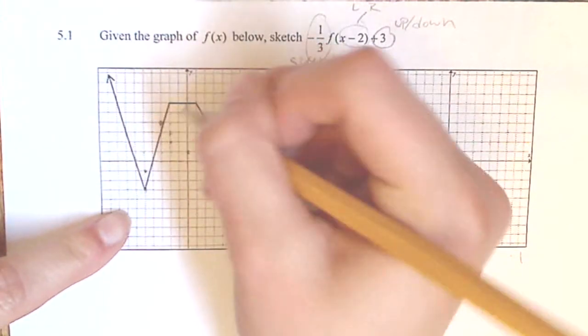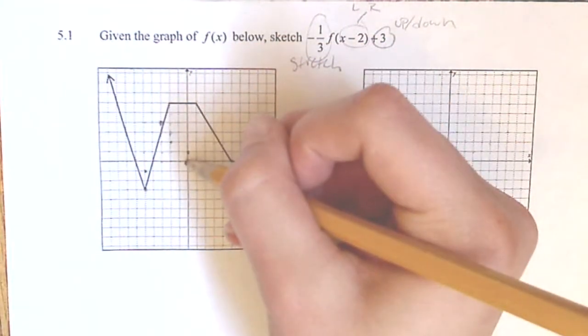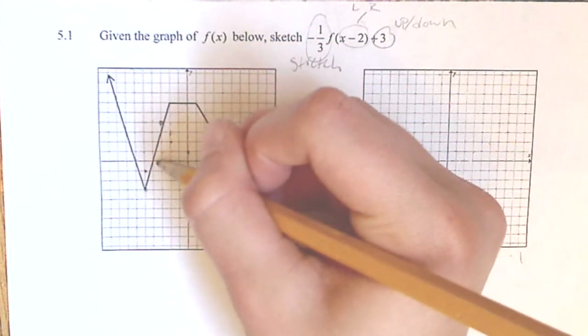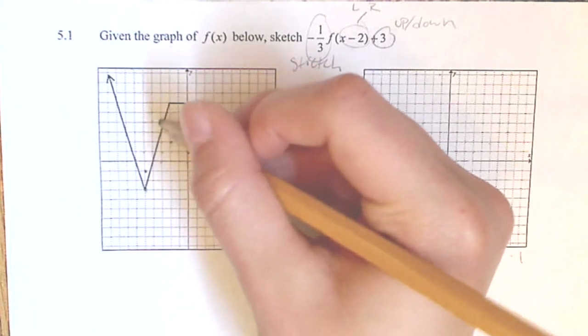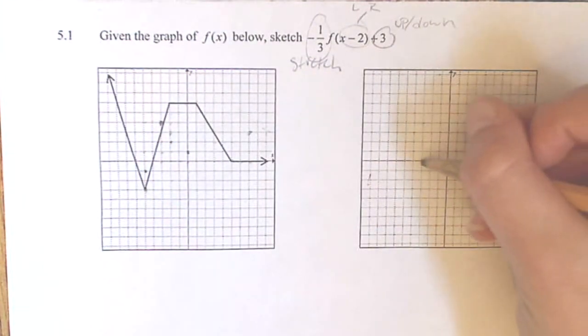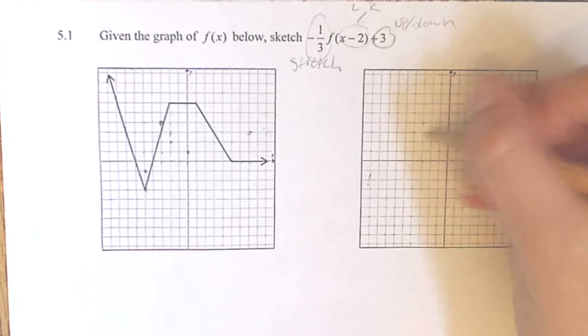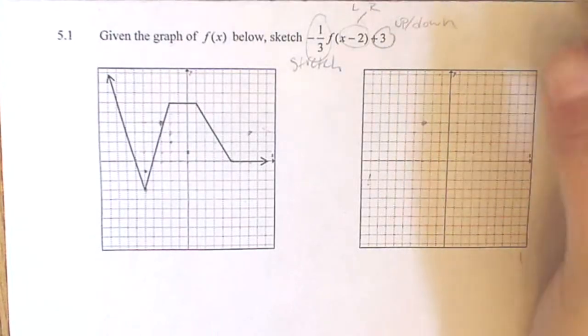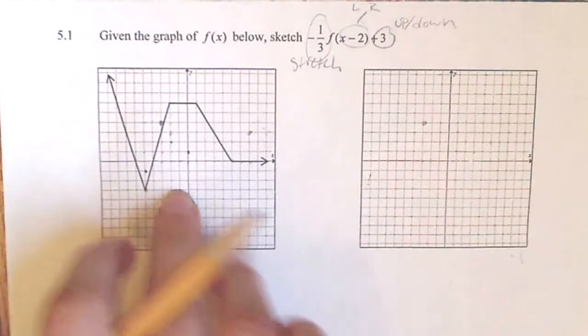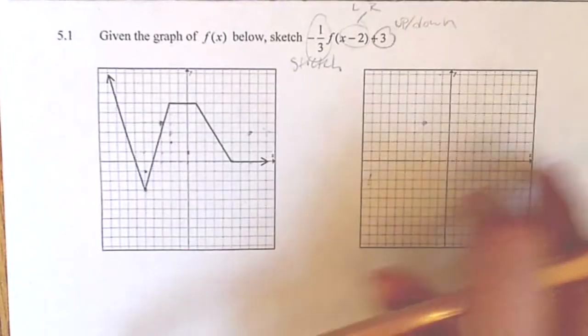So right where that point's at, we're going to count where that is. It's negative 3, 1, 2, 3, up 1, 2, 3, 4. So whatever you found on this graph, put the transformation on this graph.